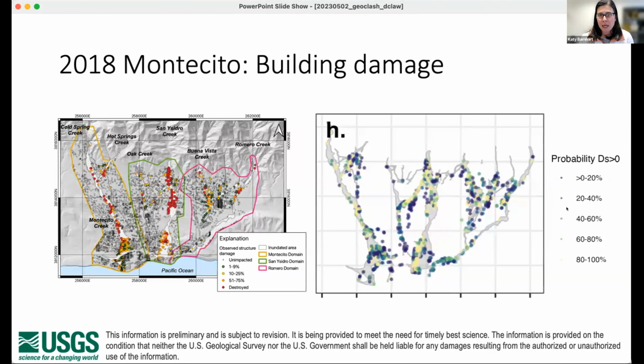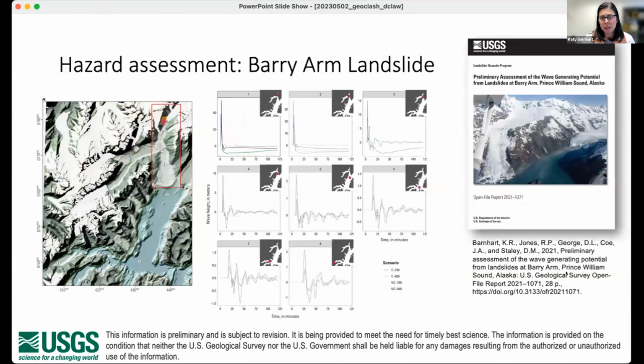I have applied DCLAW to a number of post-fire debris flow applications recently, focusing on building damage. On the left, you can see the pattern of building damage that was observed in that event, and on the right, the probability of having building damage, and it does quite well. I've also applied it for hazard assessment to the Barry Arm landslide, which was the subject of an open file report published by the USGS.